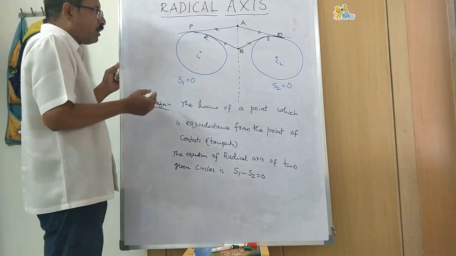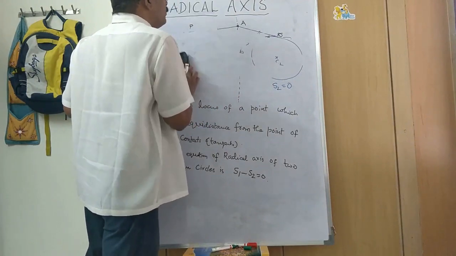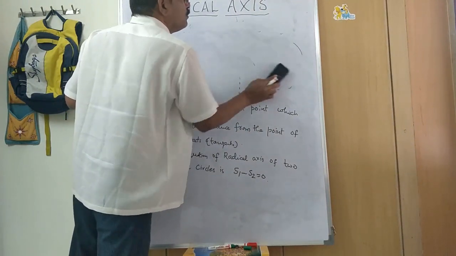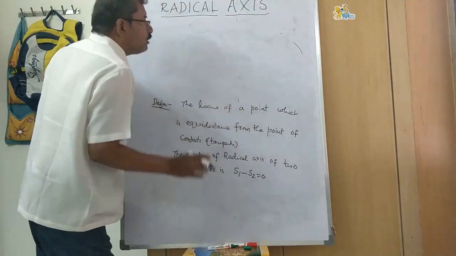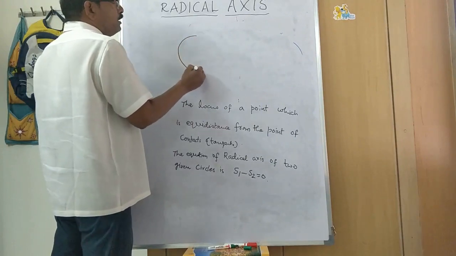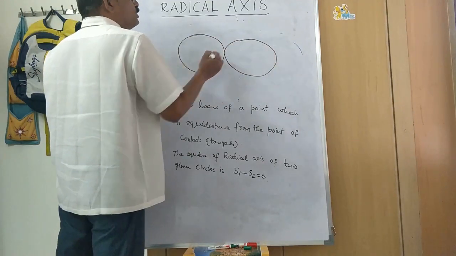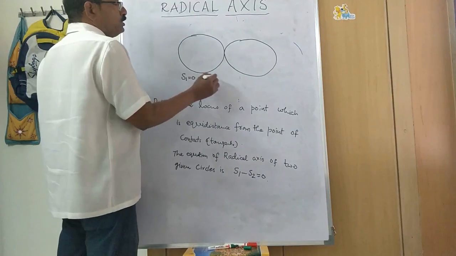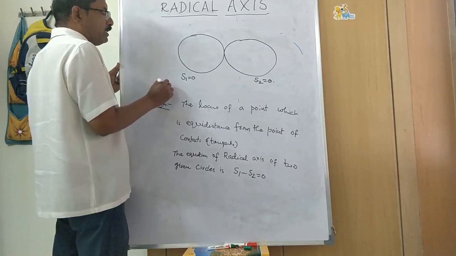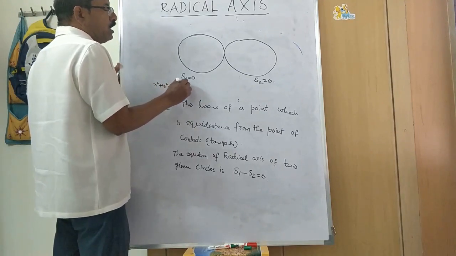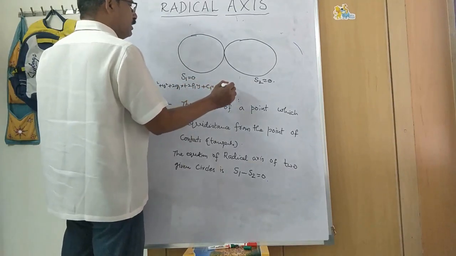Suppose the two circles touch each other, then what happens? The two circles are S1 is equal to 0 and S2 is equal to 0, where S1 is x square plus y square plus 2g1x plus 2f1y plus c1 is equal to 0.